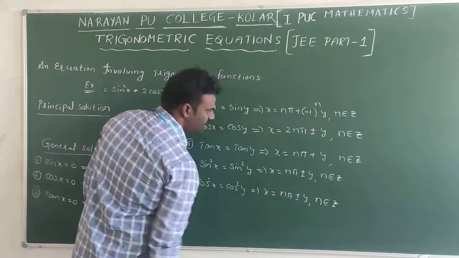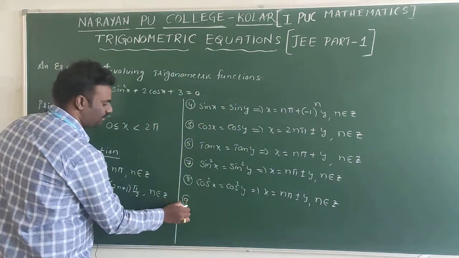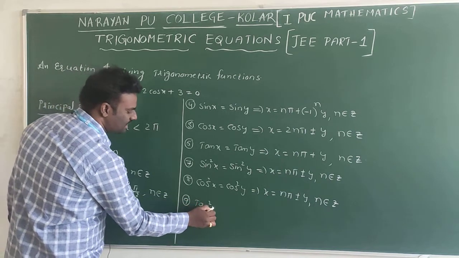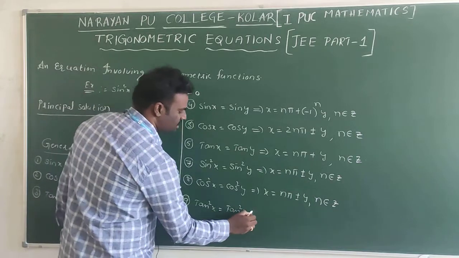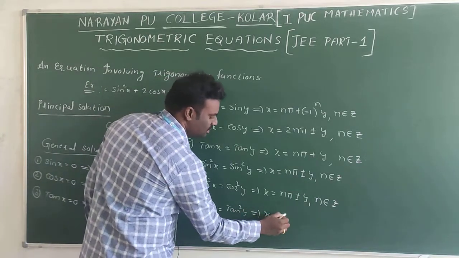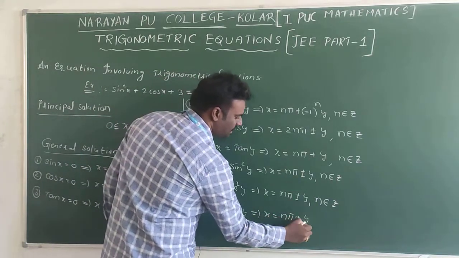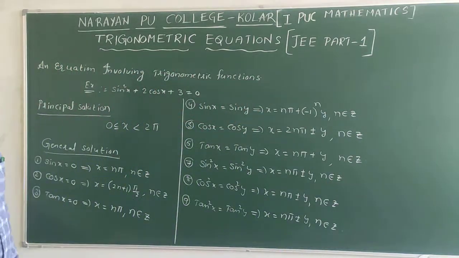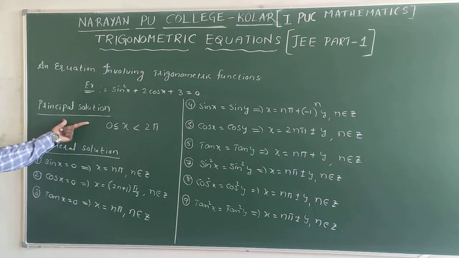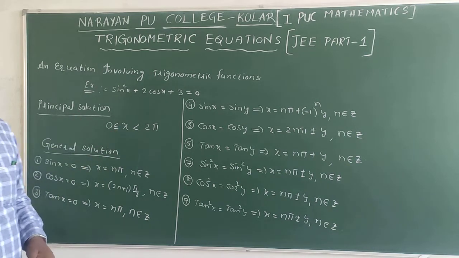You need to remember all these general solution. Last, if tan square x equals to tan square y, for this also the general solution x is equal to n pi plus or minus y, where n belongs to z. So this is trigonometric equation, principal solution and general solution.